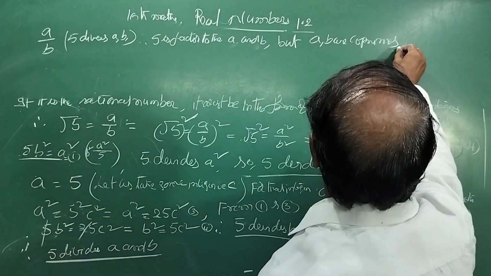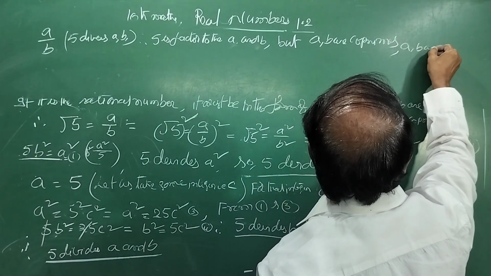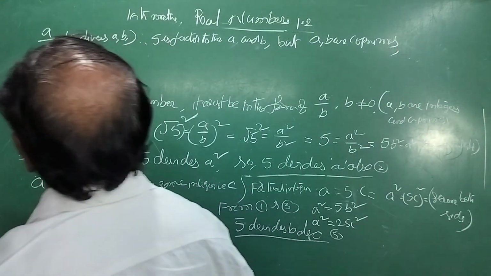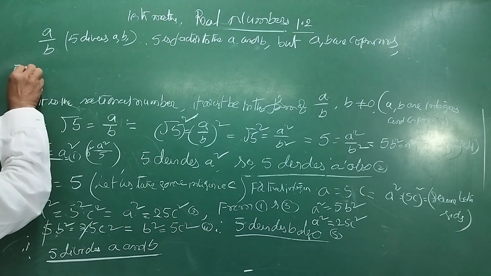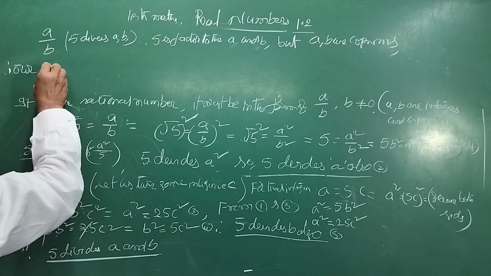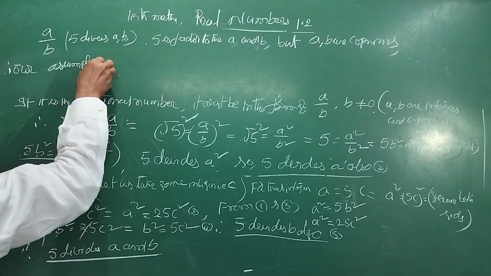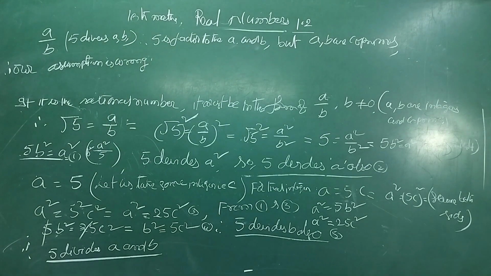What are a, b? a, b are integers, co-primes. Our assumption is wrong. That means our thought is wrong.